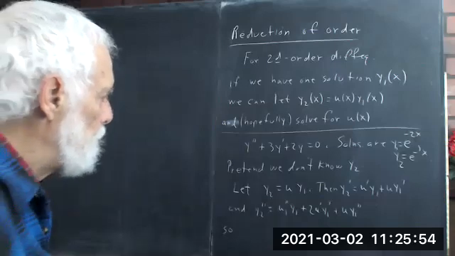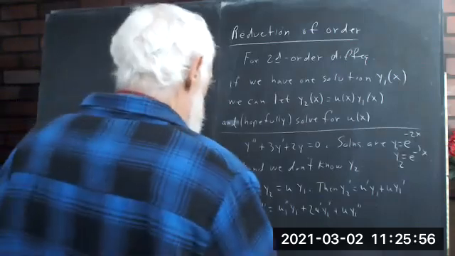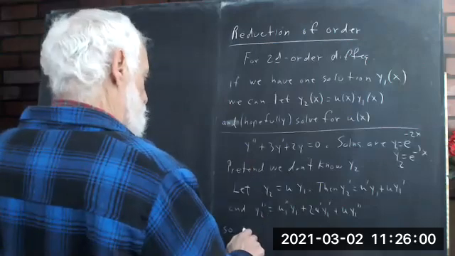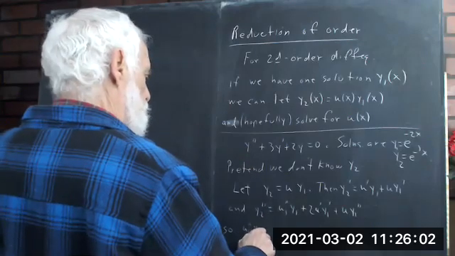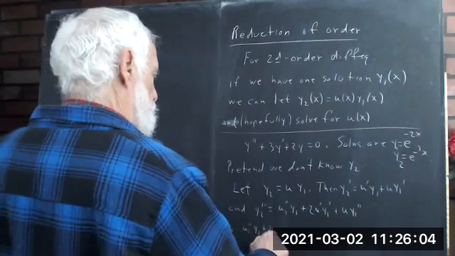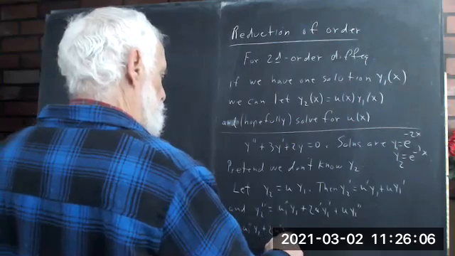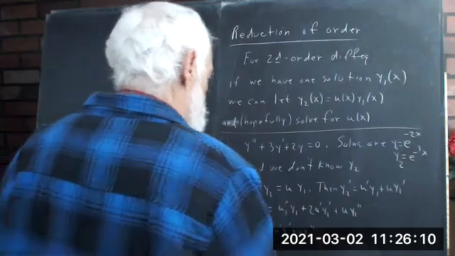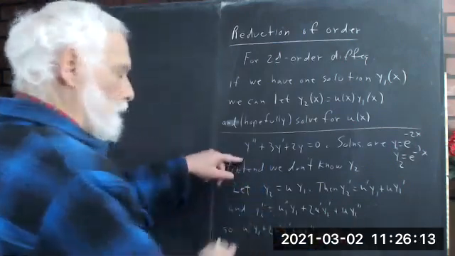So what do we get? Well, from y double prime, we just write down this expression for y double prime here.